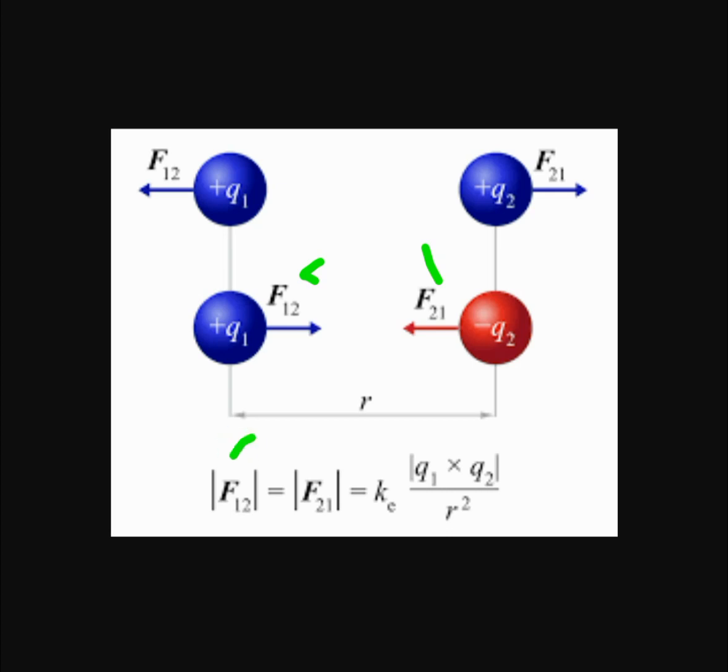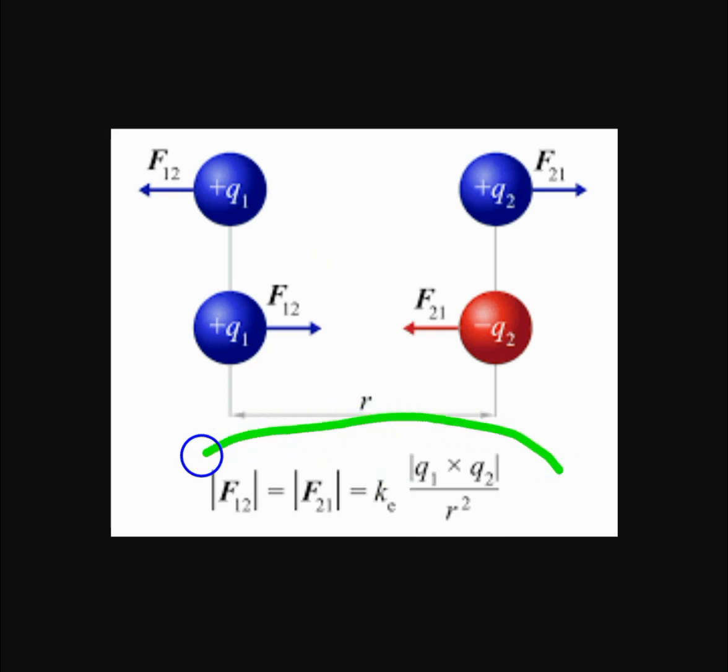Therefore we can write magnitude of F12 is equal to magnitude of F21, and that can be equated to Ke, and we take the magnitude of the two charges Q1 multiplied by Q2. Even though they are opposite charges, we take their magnitude Q1 into Q2 and divide it by distance between the two, that is r, square of it.